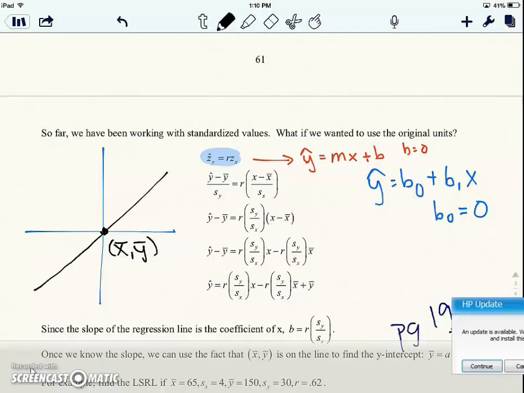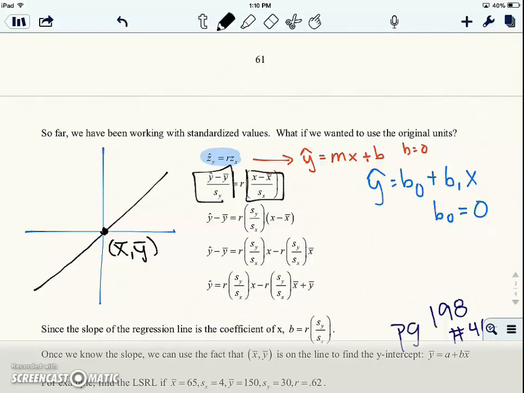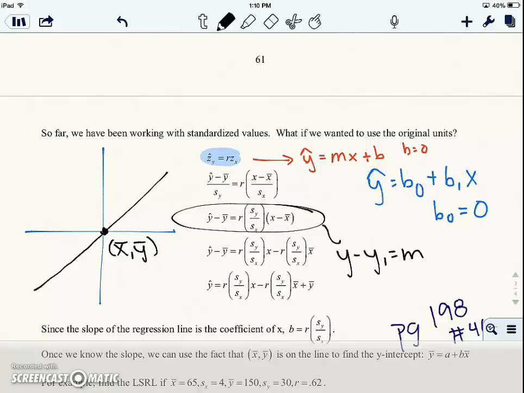And this is a derivation to show how we get our different values when you plug stuff in. So you could take the formula for z-scores and put the z-score for y and the z-score for x into the formula. And then right here, this is the point slope formula. Remember, y minus y1 equals m times x minus x1.